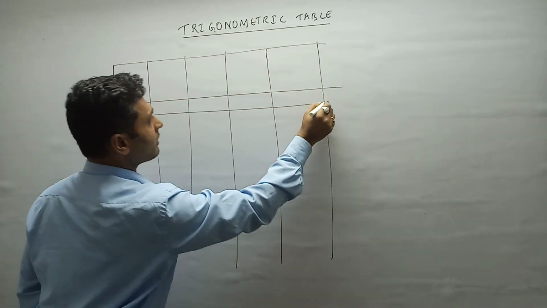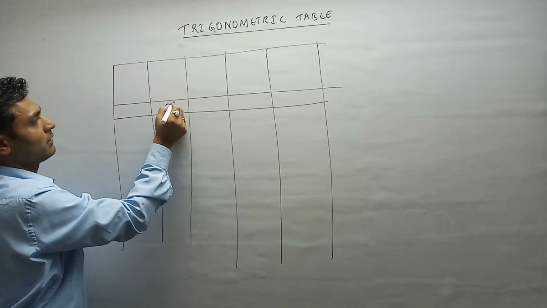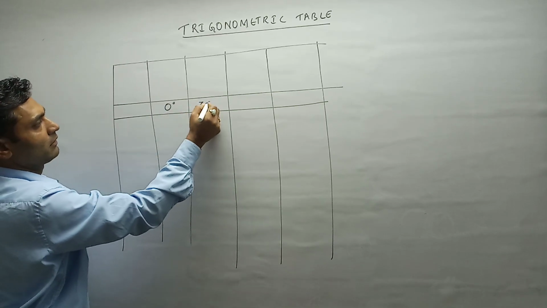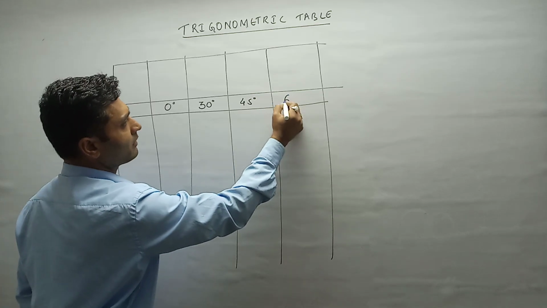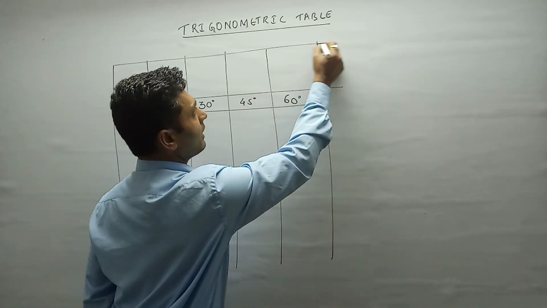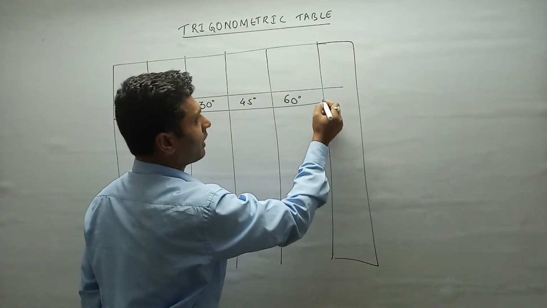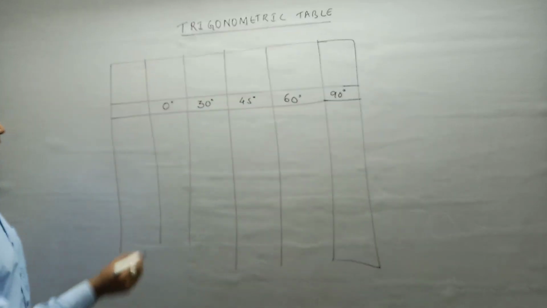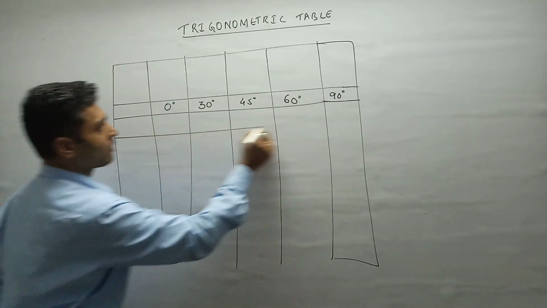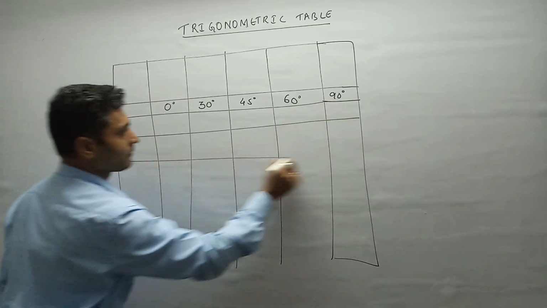So let me write the standard angles out here: 0 degree, 30 degree, 45 degree, 60 degree, and one more column out here for 90 degree. And then we have the 6 trigonometric ratios.